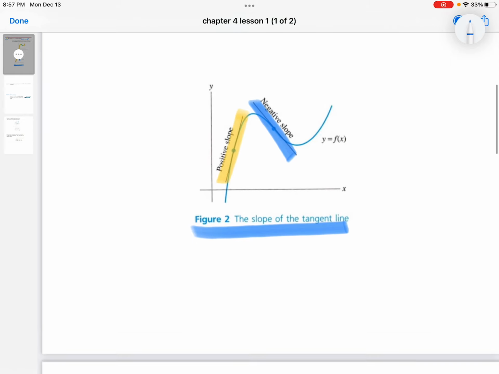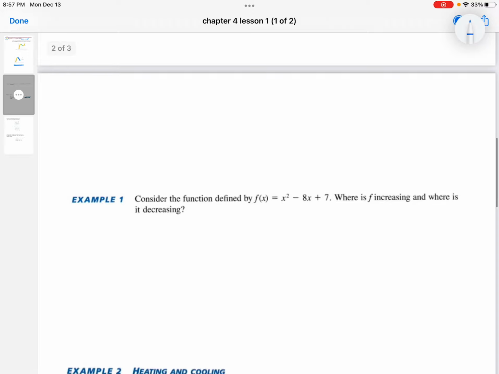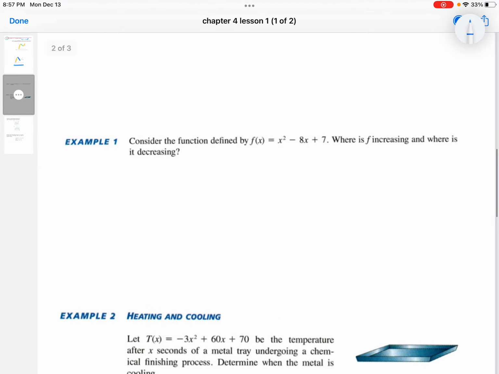So let's take a look at our first example here. We're going to consider the function defined by f of x equals x squared minus 8x plus 7. If we want to determine where the function is increasing and where it's decreasing, we'll think about it.